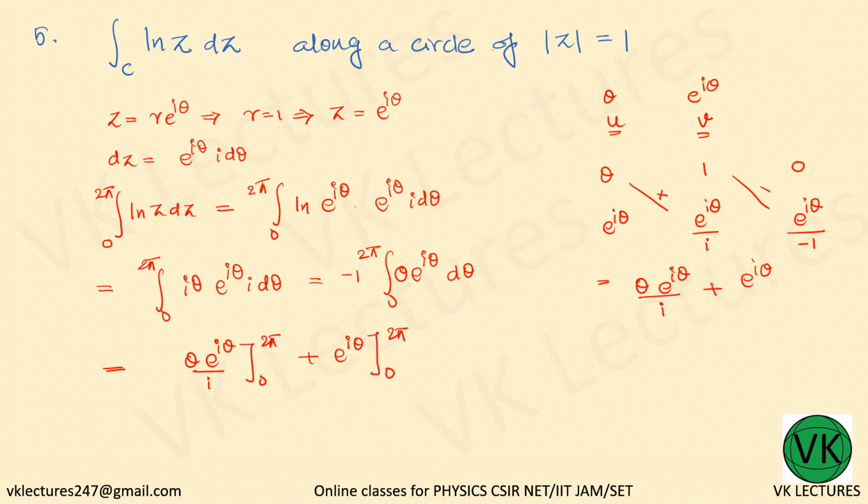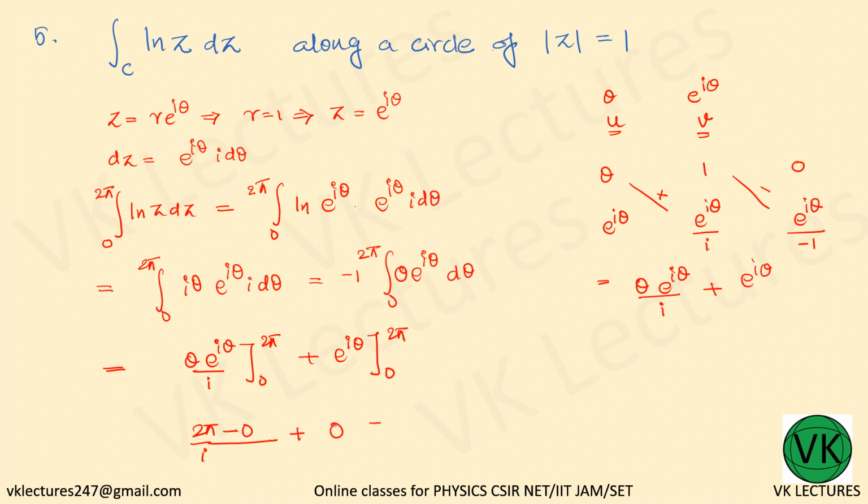So first one, going with the upper limit, 2 pi by i, 2 pi e to the power i times 2 pi, that is cos 2 pi, that is 1, minus 0, plus e to the power 2 pi i is 1, minus e to the power 0 is again 1. So the second term is 0.